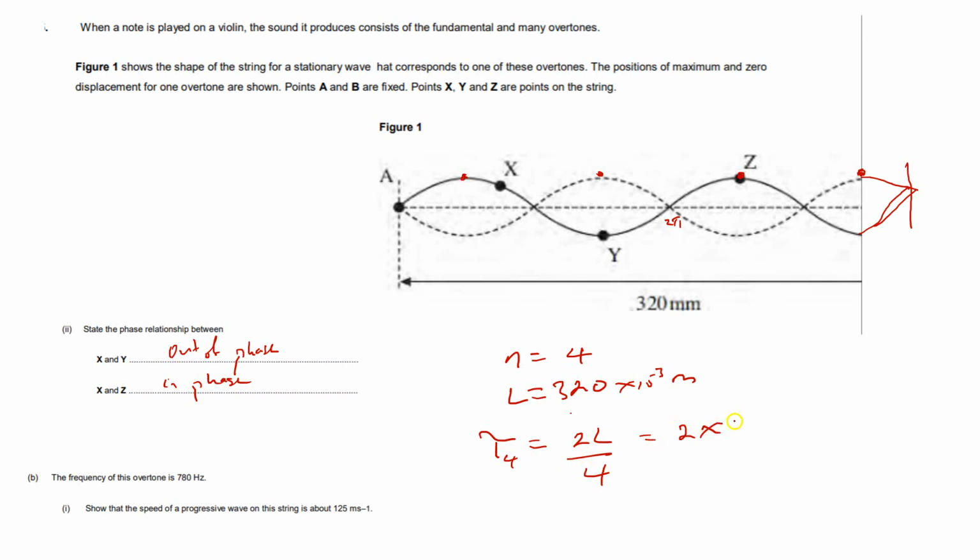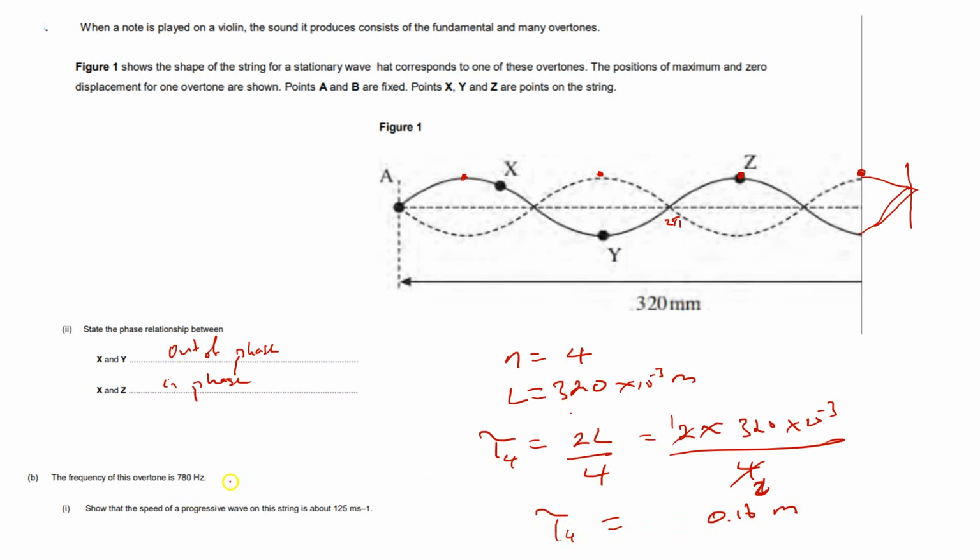So 2 times L, which is 320 times 10 to the minus 3, divided by 4. 2 into 4 goes 2 times, so we have 320 times 10 to the minus 3 divided by 2. When we do that, I'm getting 0.16 meters. So that's my wavelength when n is equal to 4.